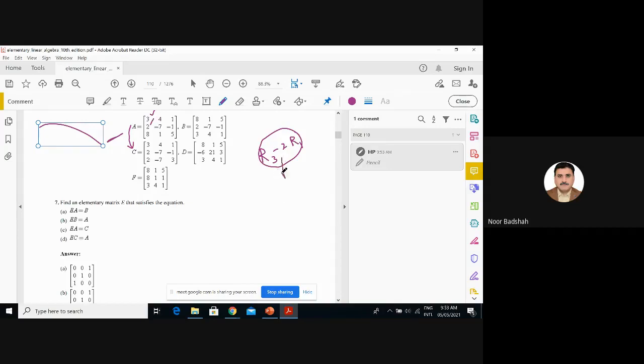Applying the same operation on what? The identity matrix. We take 1 0 0, 0 1 0, and then 0 minus 2 0 and 1 minus 0. So that will be the corresponding elementary matrix.